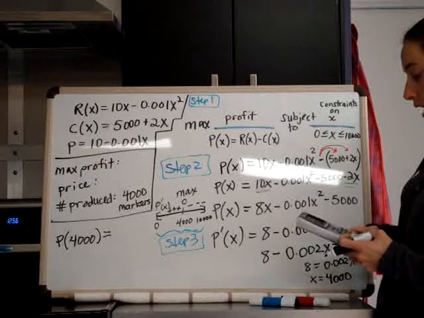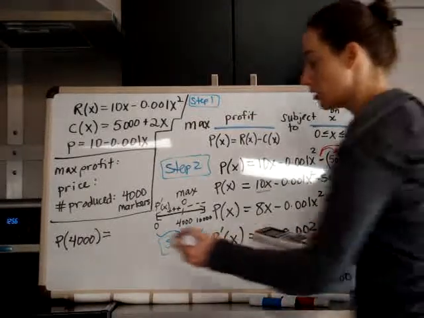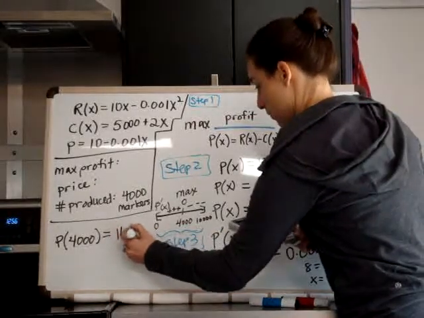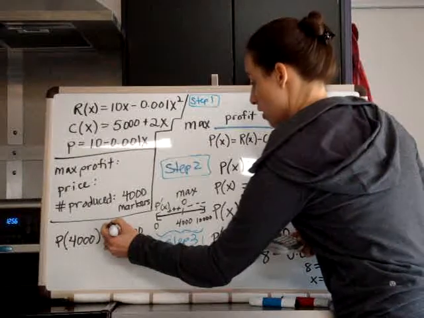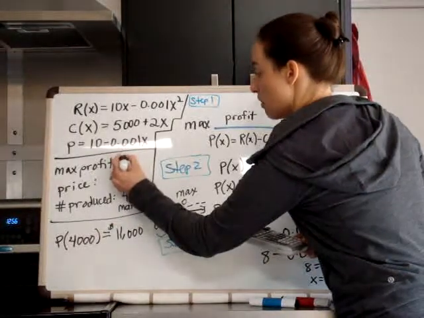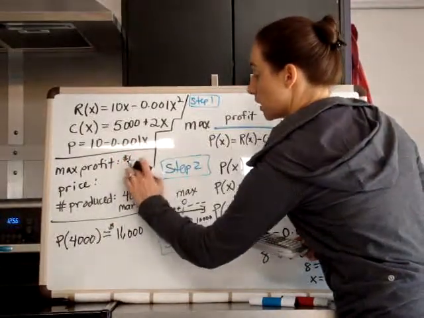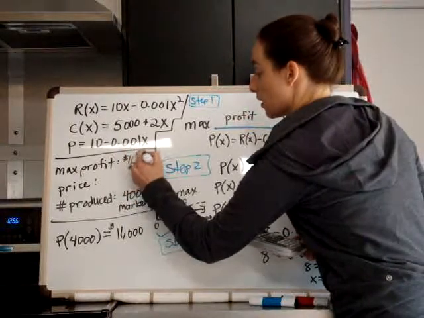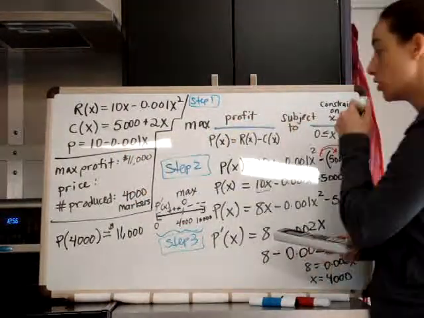And I'm getting $11,000. So that would be the maximum profit I would experience given my constraints.